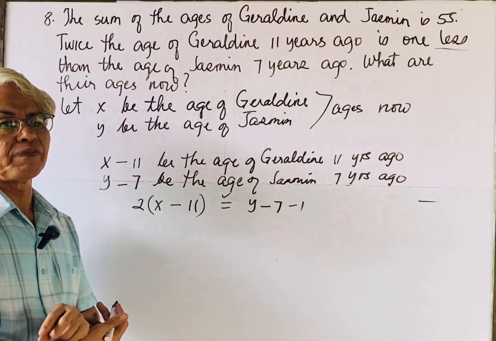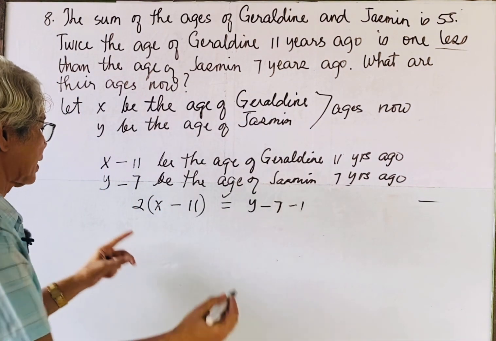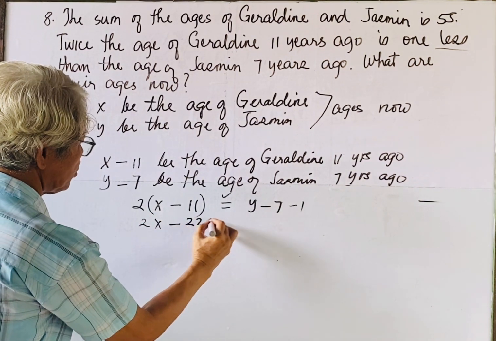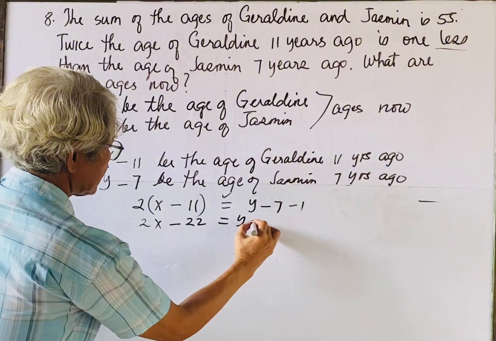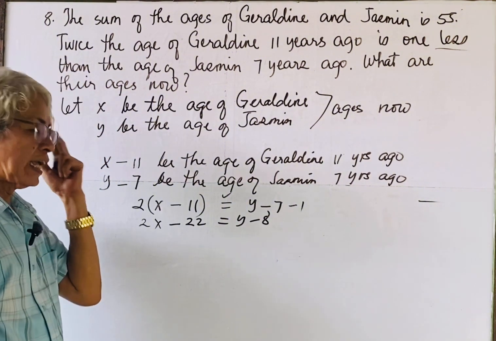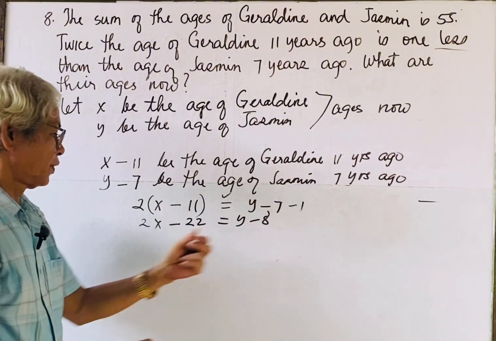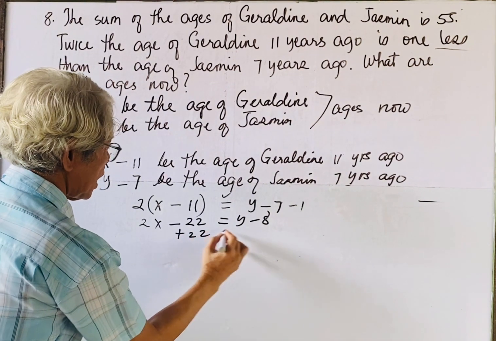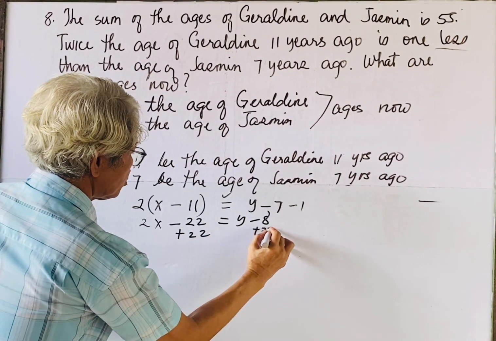We can now solve for the value of x. Let us simplify. So that will be 2x minus 22 equals y minus 8. Okay, ilagay natin ang constant lahat doon. So, additive inverse, okay, plus 22.